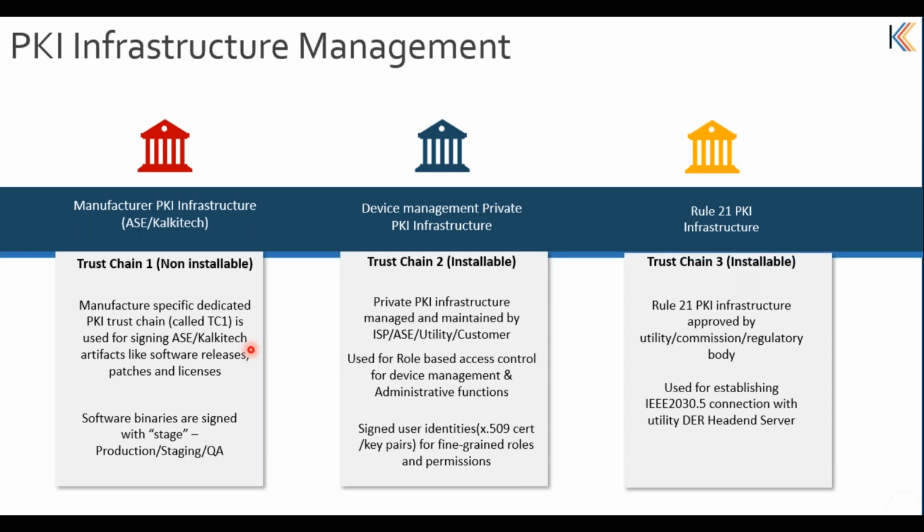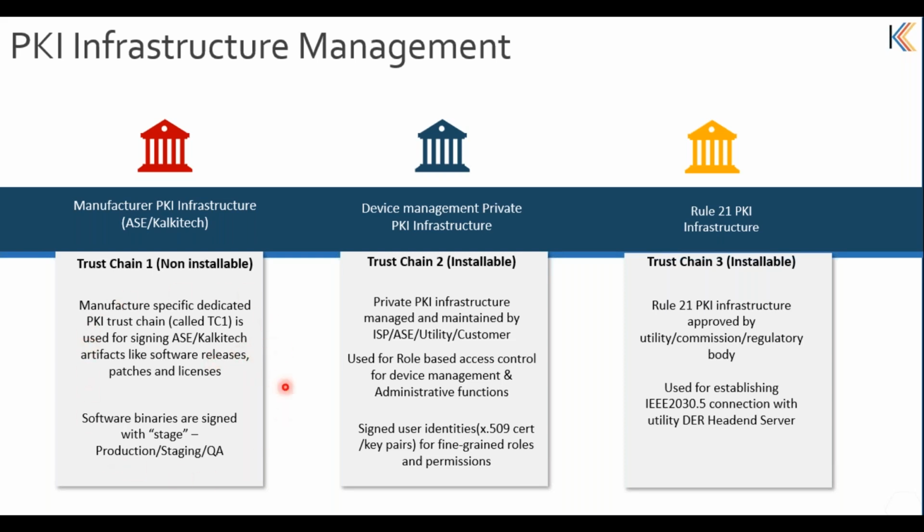This is basically to ensure that this firmware cannot be changed by any third party unless the particular firmware is again signed by ASC or Kalkitech. So the firmware which we will be using will be signed by ASC or Kalkitech, and it cannot be changed by any third party unless it is signed by ASC Kalkitech.